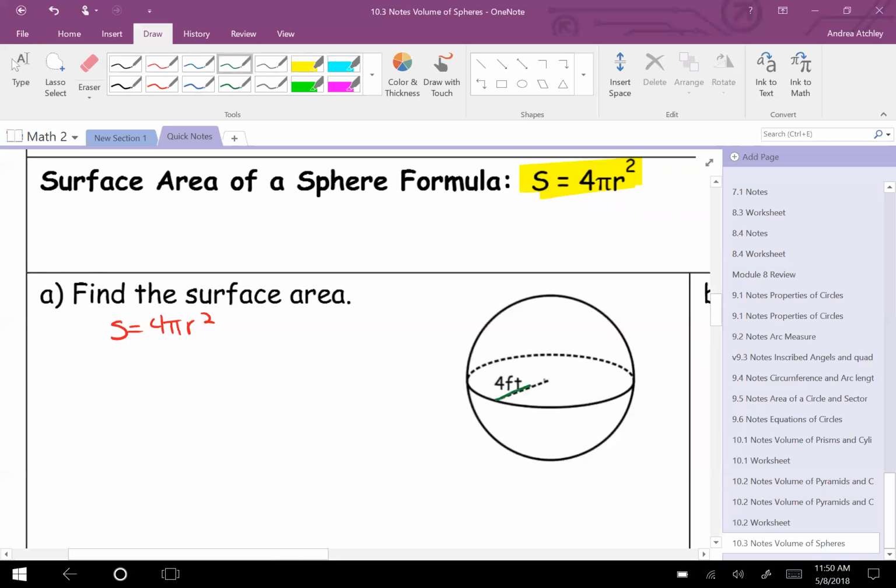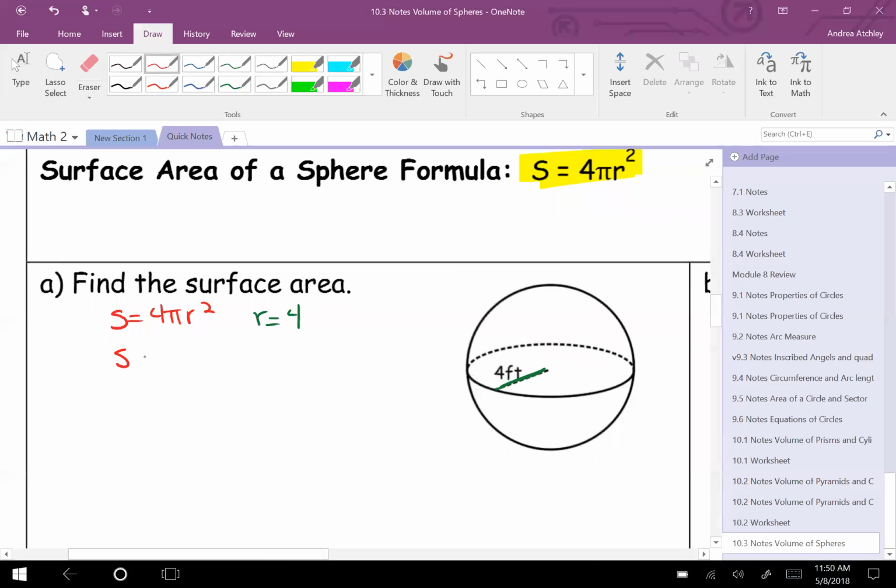So here we gave you that the radius is 4, so we're just going to plug it in. Surface area equals 4 pi times 4 squared. We're going to do the math. 4 squared is 16, times 4 pi. I'm going to do 4 times 16 now. I get my surface area to be 64 pi.